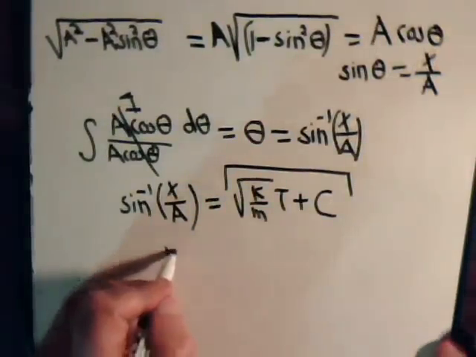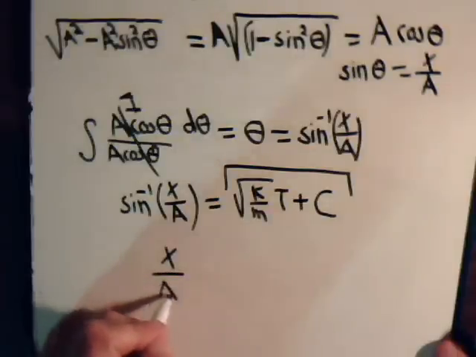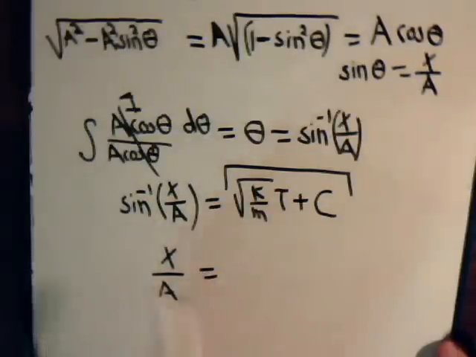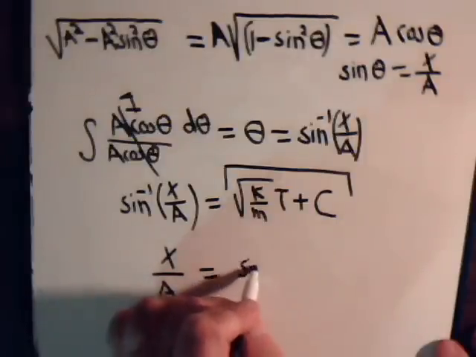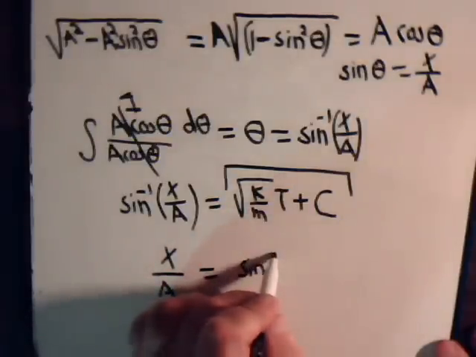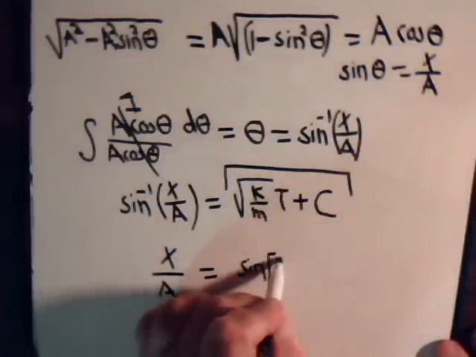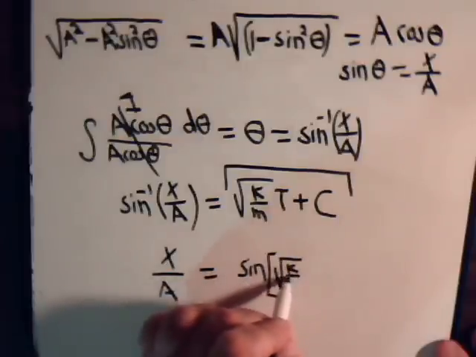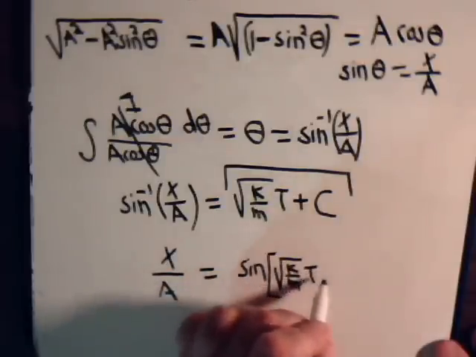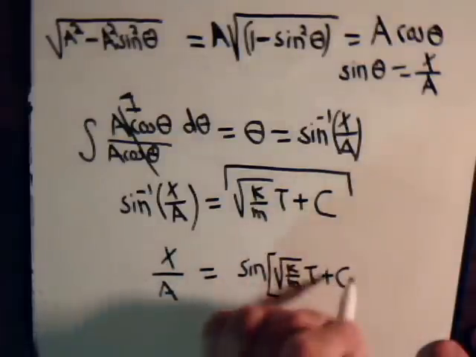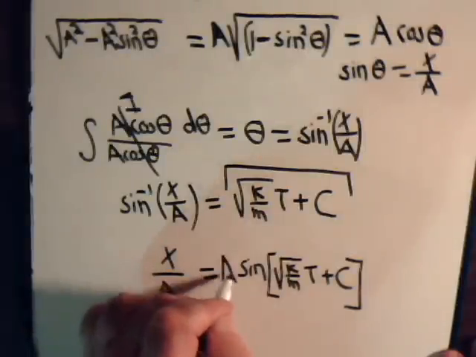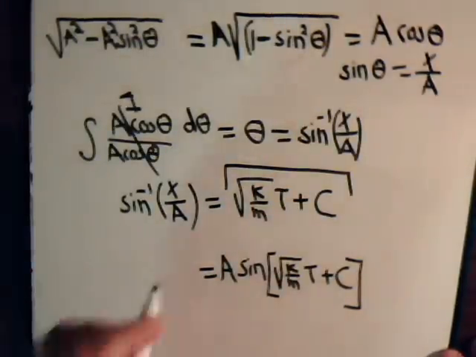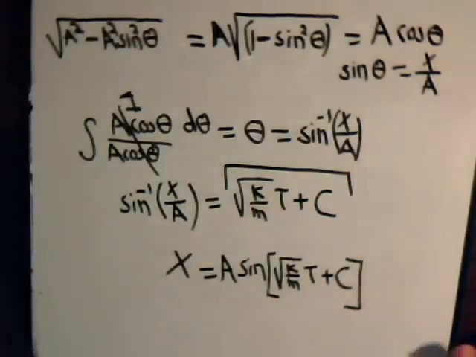So we have x divided by a equals the sine of the square root of k over m times t plus our constant. And now we can multiply both sides by a. And here we have this equation.